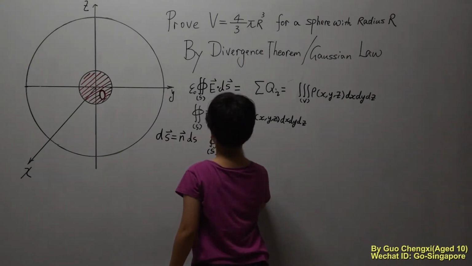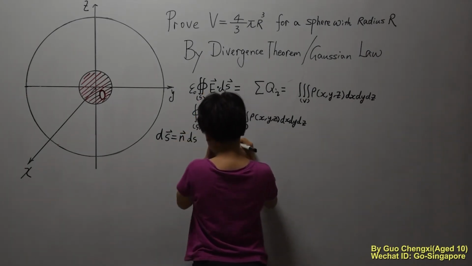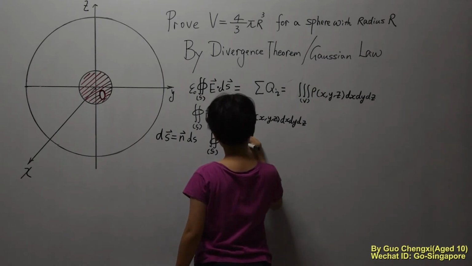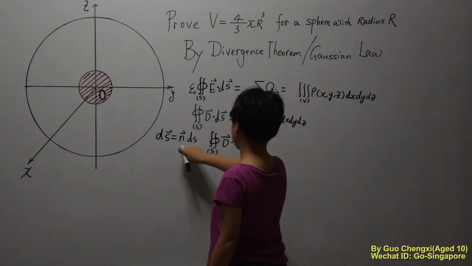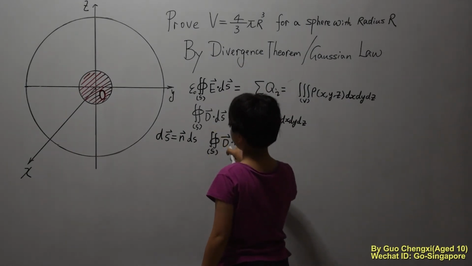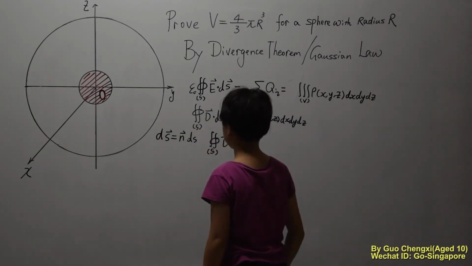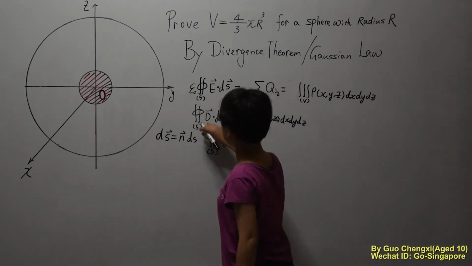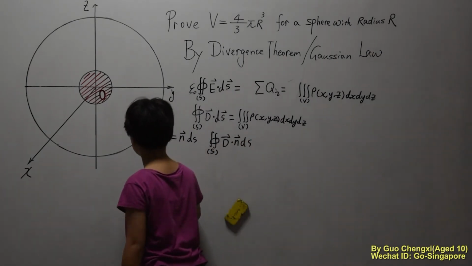And by the way, what is E? E is basically the electrostatic field strength. Over here, instead of dotting the ds vector, you can dot the n vector instead. And what is D? D is the electrostatic displacement. So what's so special about the D vector?